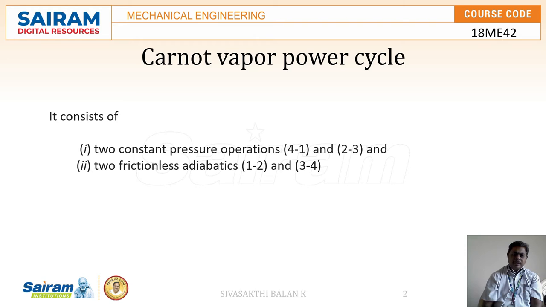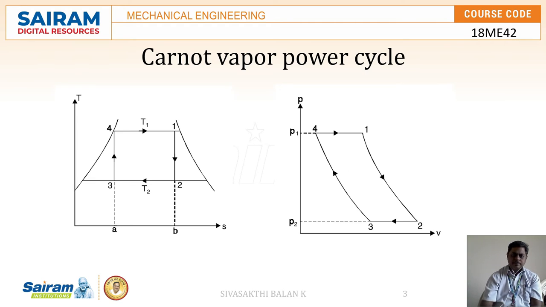Moreover, all these four processes are reversible processes. Because of that, we call this Carnot vapor power cycle the reference cycle. This is the typical TS and PV diagram of the Carnot vapor power cycle.